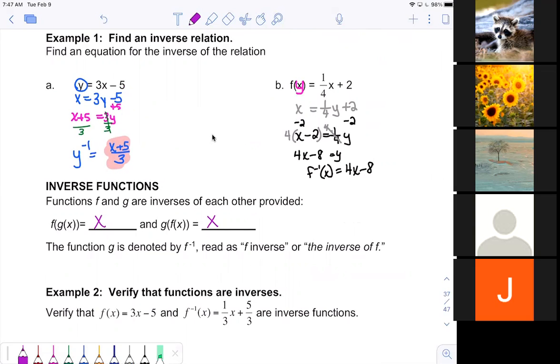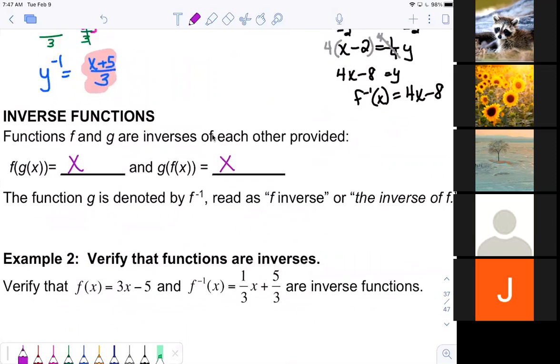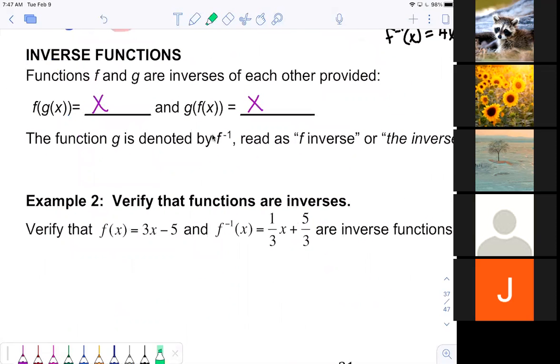So finding an inverse is the process of switching x and y and getting an inverse function. Showing 2 functions are inverses of each other is a process using composite functions. We discuss composite functions right before we do inverse functions because inverse functions are based off of composite functions.